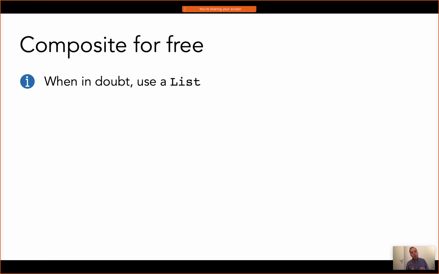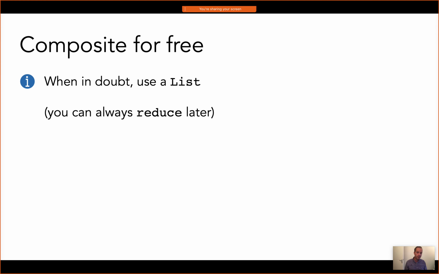But if we would have the freedom, and I'm not saying we have the freedom always, but if we have the freedom to switch from elephant to a list of elephant, well, a list is always a composite. So we get immediately a composite for free. And if I have a list of elephants, I can always choose to reduce later, right? In some other piece of my software where I do know a proper composition operation for elephants.